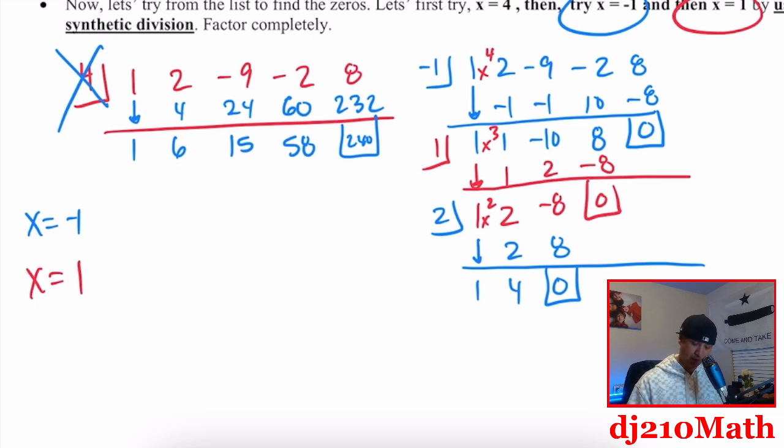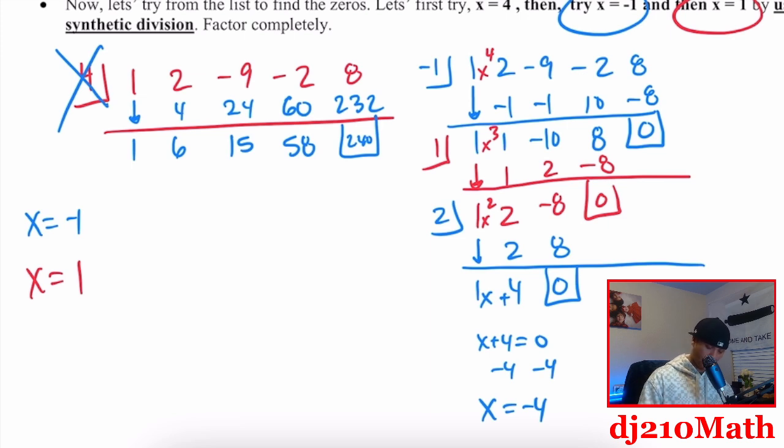So now this is going to be basically x plus 4. X plus 4 equals 0. Subtracting 4 from both sides, x equals negative 4. So our roots, x equals 2 and x equals negative 4.